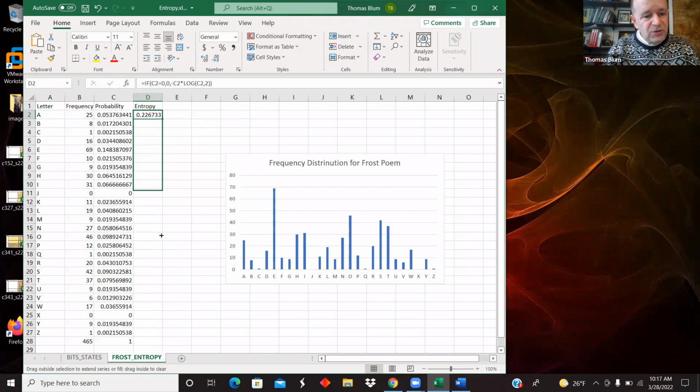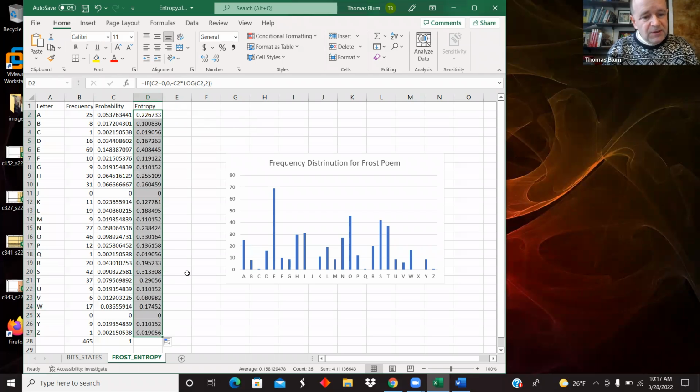Okay. So let's see how we do. So here were the 0. So I've protected myself with the if, asking if the probability is 0, just give myself a 0, and otherwise do this calculation. Negative the probability, which was in column C, times the log of the probability, and it's a base 2 log.